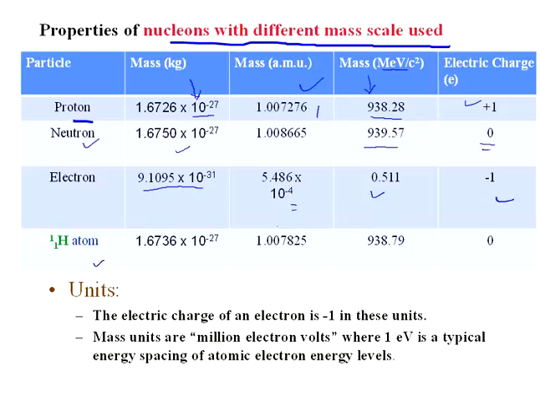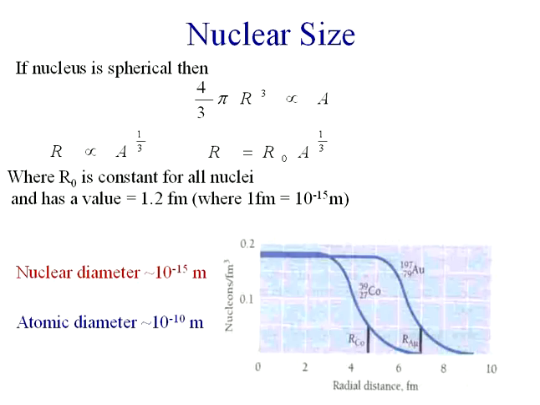Now the second part is about the nuclear size. To determine the nuclear size, one uses the simple volume formula of a spherical nucleus, keeping in mind that the nucleus is spherical, so volume is proportional to the total number of nucleons.